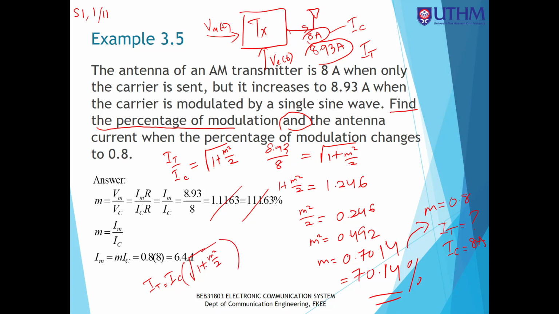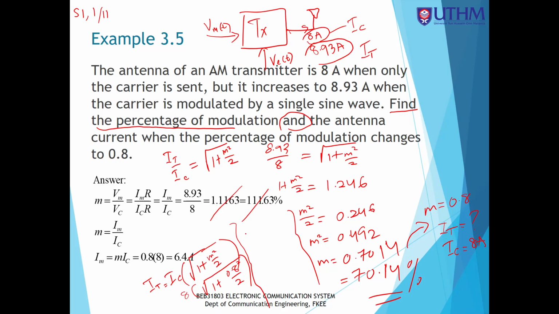So we can use this one. So this is 8 square root of 1 plus 0.8 square divided by 2. So 0.8 square divided by 2 plus 1 and then square root of the answer.